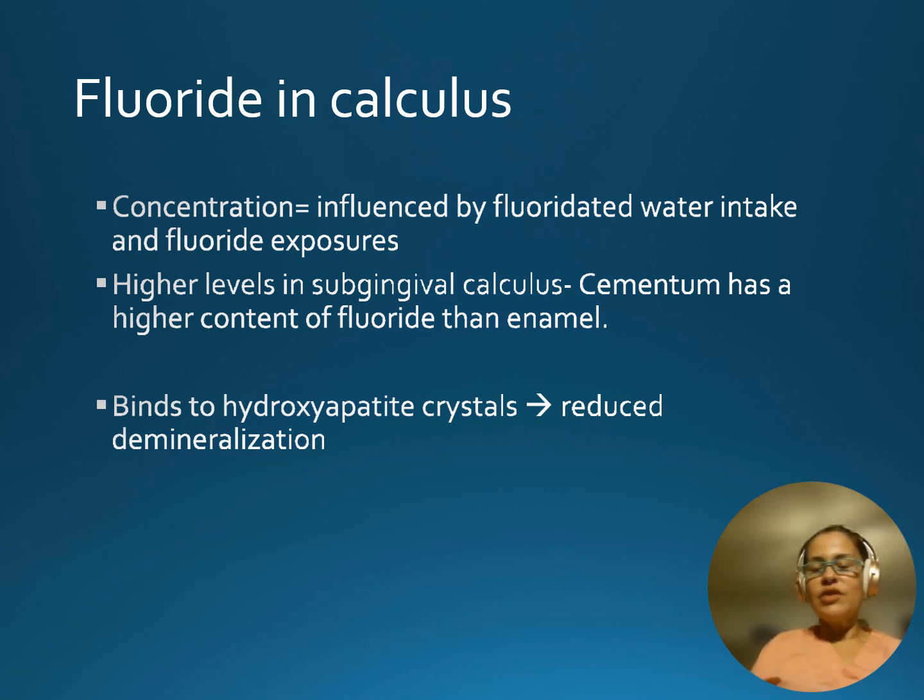So you will also have fluoride in calculus, higher levels in subgingival calculus, and cementum has a higher content of fluoride than enamel. And the fluoride will be binding to the hydroxyapatite crystals, and it will be reducing demineralization. So even the fluoride in the calculus is anti-cariogenic, which doesn't mean that it's anti-infection, right?